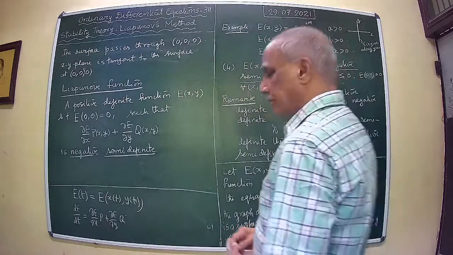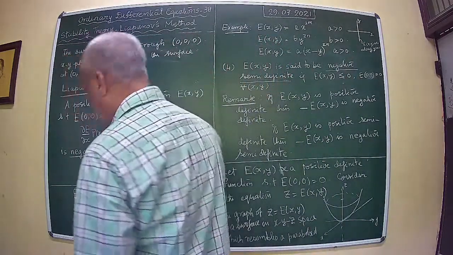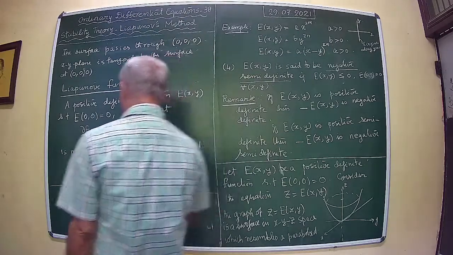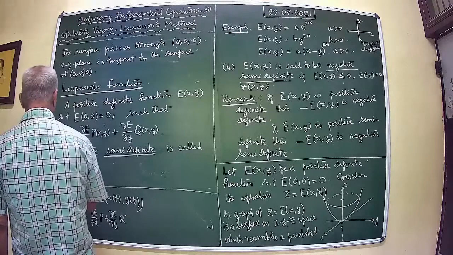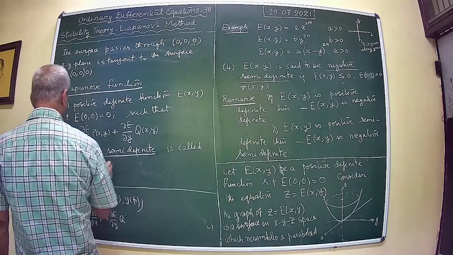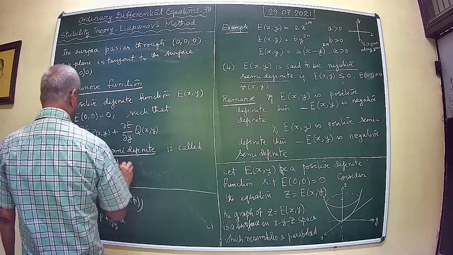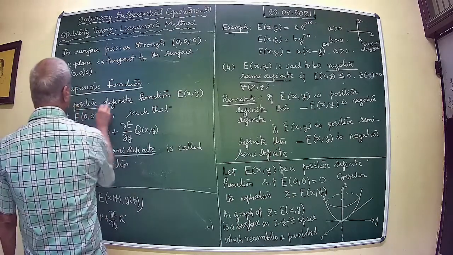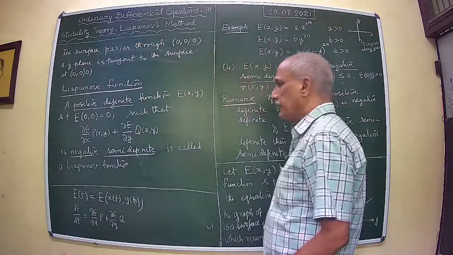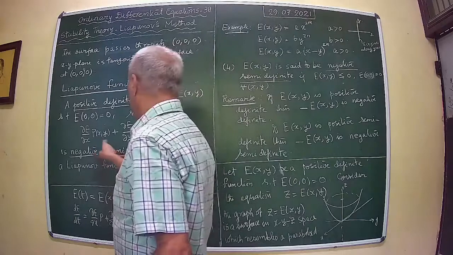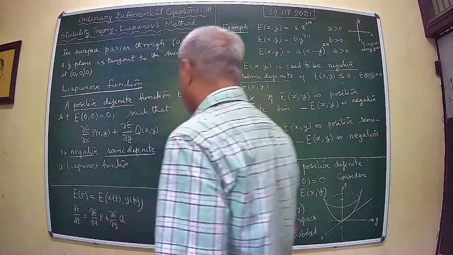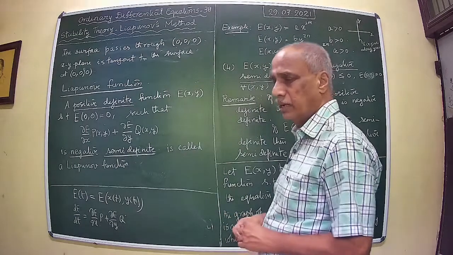If it is negative semi-definite, it is called a Liapunov function. So the properties are: it's a positive definite function E(x,y) with the property that dE by dx P plus dE by dy Q is negative semi-definite. Then this is called a Liapunov function.